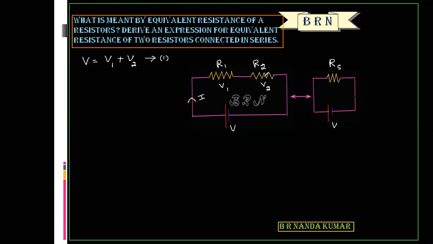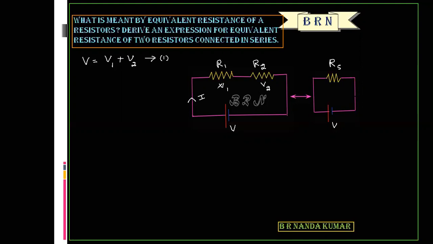The potential difference across each resistor is different, and the net potential difference across the series combination is equal to the sum of potential differences across the individual resistors. So the current flowing through each resistor is the same, and the potential difference across each resistor is different. This point is very, very important.